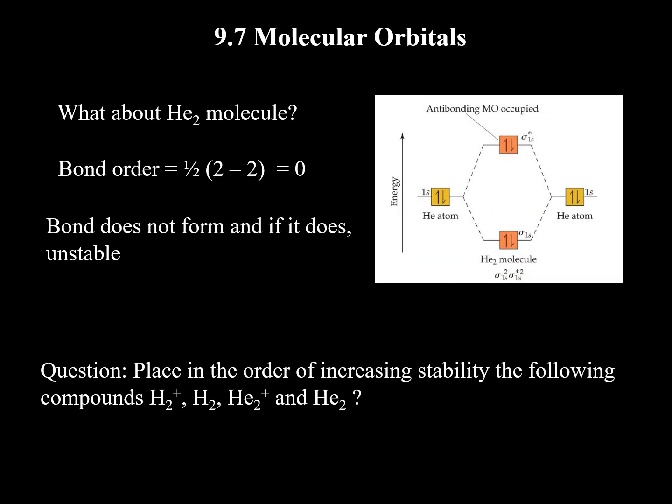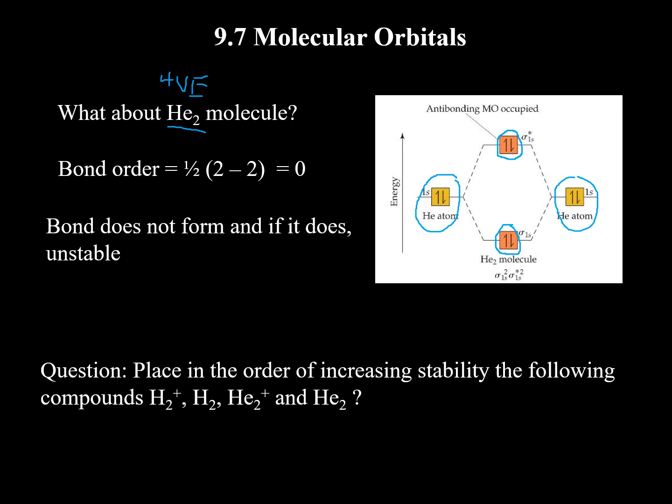So let's look at He2. This is a total of 4 valence electrons. So here's a nice diagram. 2 from the first helium, 2 from the second helium. When they combine and make molecular orbitals, 2 of them first go into the more stable constructive interference MO, and then the antibonding MO, to make a total of 4.